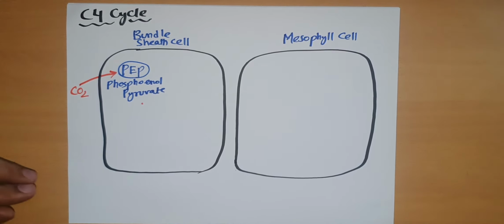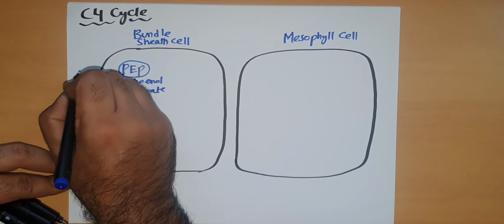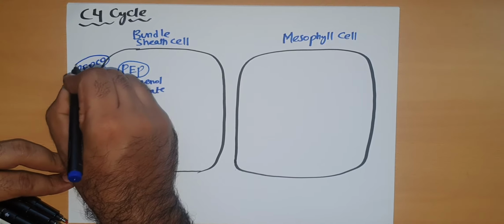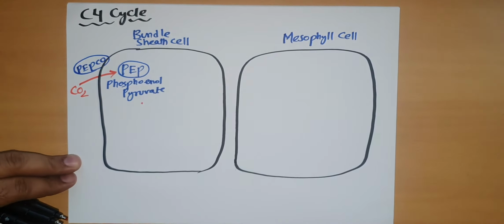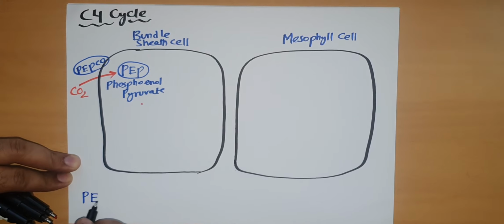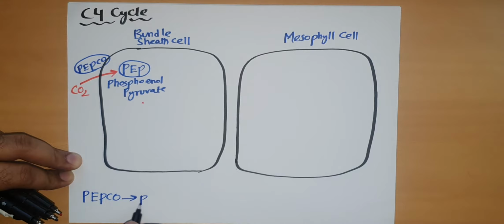Now, this carbon dioxide joins with phosphoenol pyruvate in the presence of an enzyme, and the name of the enzyme is PEPCO. Now, this PEPCO stands for phosphoenol pyruvate carboxylase.